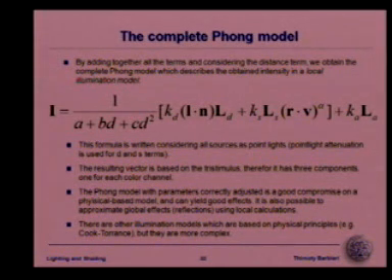This is valid for a point light source. For spotlights, you still have to take into consideration the minus u scalar L to the power of beta factor.